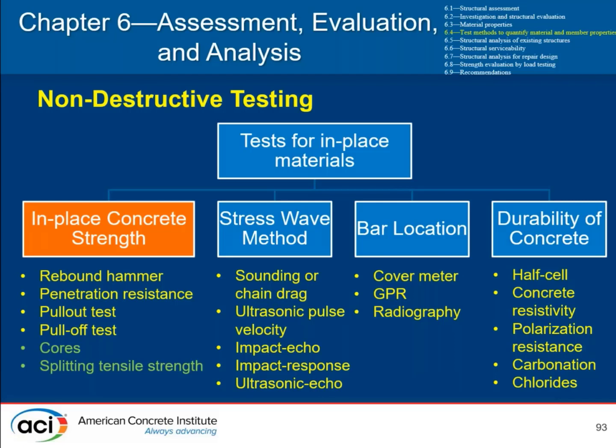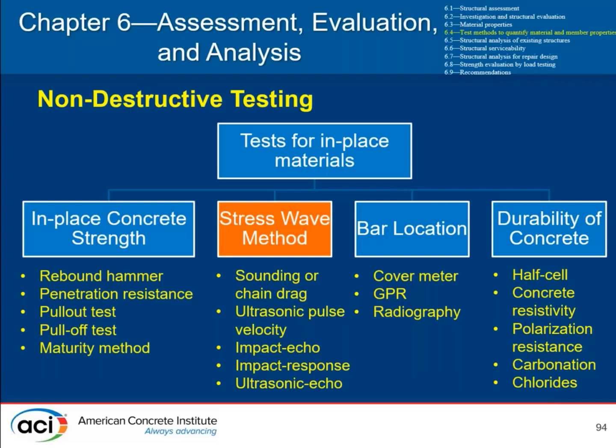The correlation between the compressive strength and the result of those non-destructive tests depends on things like the aggregate in the concrete. And so ACI 562 requires that correlations be made between core strengths and the strengths obtained using these various non-destructive tests to get reasonable values to use.